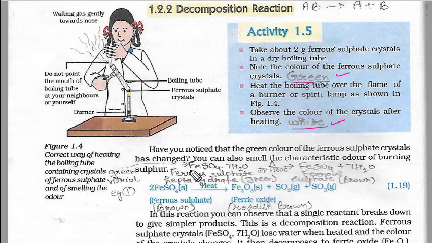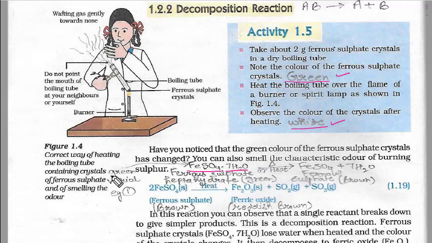So you can see here we have to take the ferrous sulfate crystal. The formula for the ferrous sulfate crystal is FeSO4.7H2O. Its chemical name: FeSO4 is ferrous sulfate, and 7H2O is hepta hydrate. So its complete name is ferrous sulfate heptahydrate.